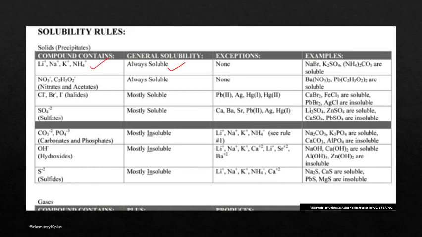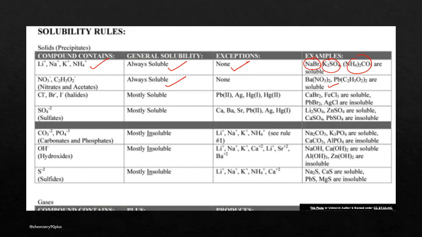Always soluble. There are no exceptions for these ions. Say for example, if you are putting NaBr, K2SO4, ammonium carbonate, all these salts are going to be soluble in water. And another example, let us take NO3 minus and acetate ions, always soluble. There are no exceptions here either.